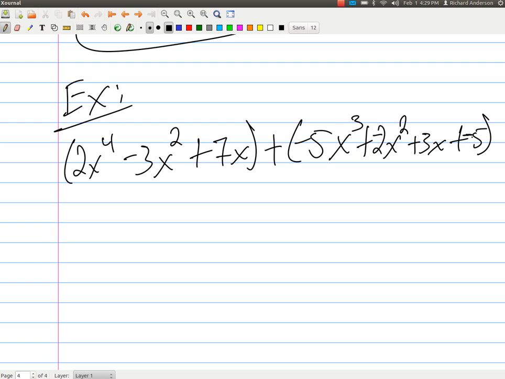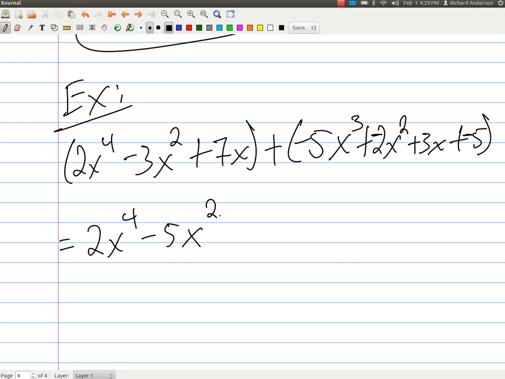Alright, now that I've got that finished, my 2x to the fourth, I'm going to add that to the other x to the fourth term. Since I don't see one, the 2x to the fourth is just going to stay as it is. Negative 3x squared plus 2x squared, right? Negative 2x squared right here. And negative 3 plus negative 2 is going to give me minus 5x squared.